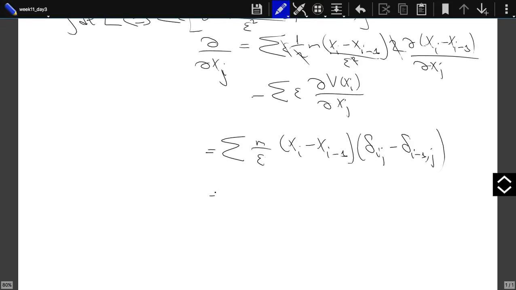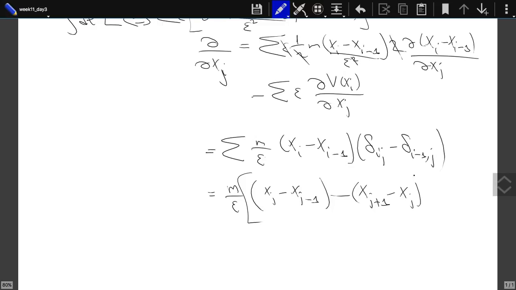If you just make the summation, this will be equal to m over epsilon times (x_j minus x_{j-1}) minus, well, instead of i I will just put j plus 1, (x_{j+1} minus x_j).